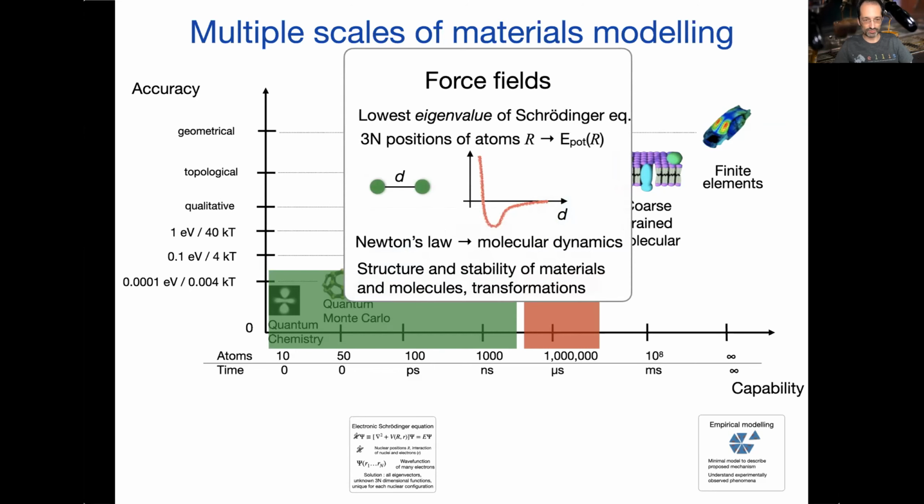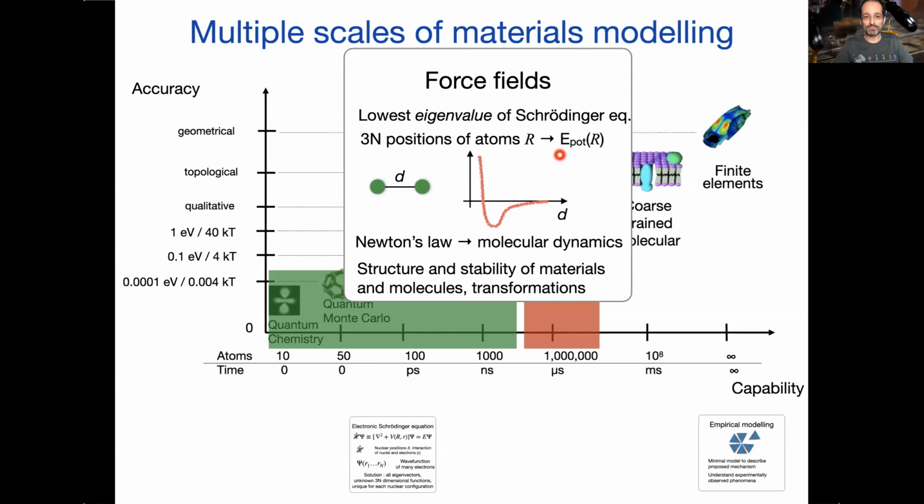And in that business, you assume that somehow the Schrodinger equation is solved, and for every 3n positions of atoms, you get the lowest energy eigenstate of the electronic system. That somehow is taken as read, and the function that you're interested in is the mapping from the atomic positions R to this potential energy that you get from the electrons.